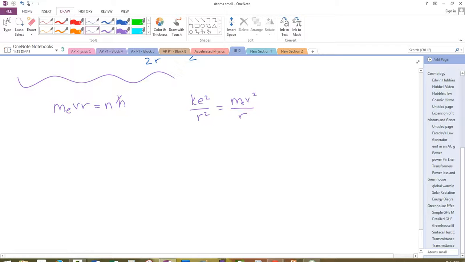Oh no, I lied. Solve them both for v squared and then smash them together and see what comes out if you solve for r.